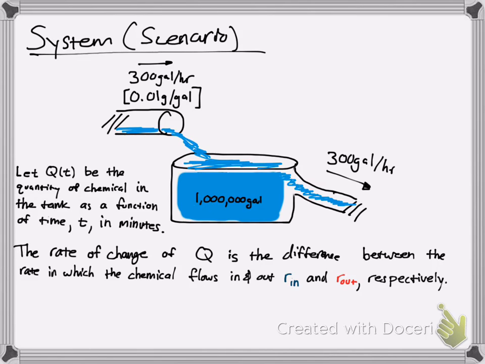Going on to the problem, though, how would you describe this system in terms of a differential equation? Well, you would say that is to say the rate at which Q is changing is the rate in minus the rate out. So, since the rate in can be written as the stuff coming in, we're trying to figure out how much chemical is coming in.